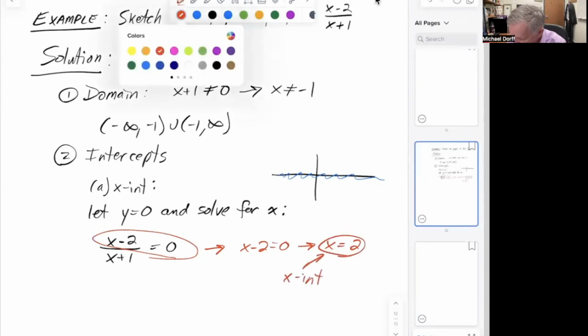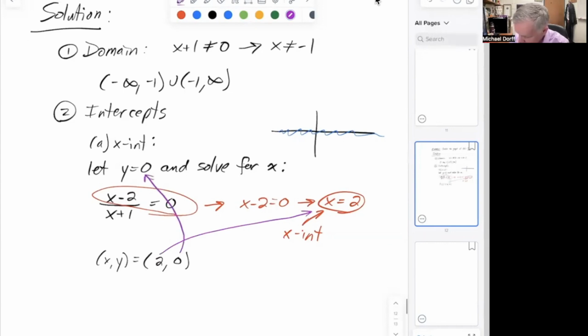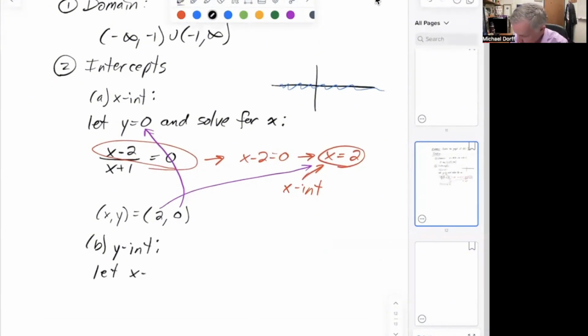But it's often useful to write this as a point, an ordered pair, x and y. So I'm going to note here then that my x and y values are going to be 2, 0. The 2 coming from here, and the 0 coming from where you let y equal 0. All right, for my y-intercept, we're going to let x equal 0 and solve for y.